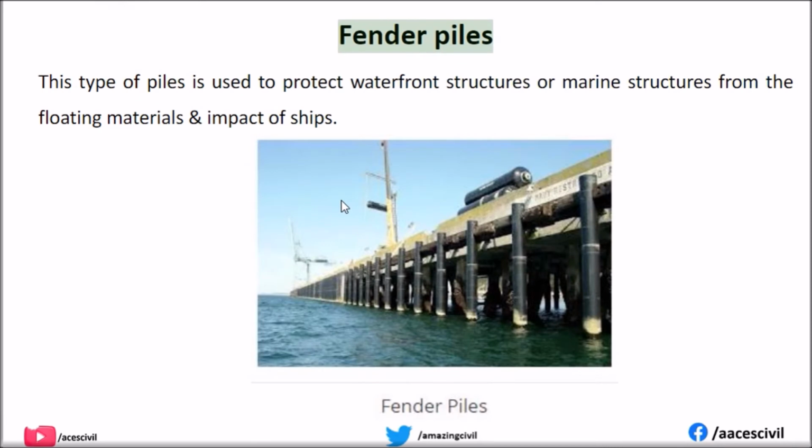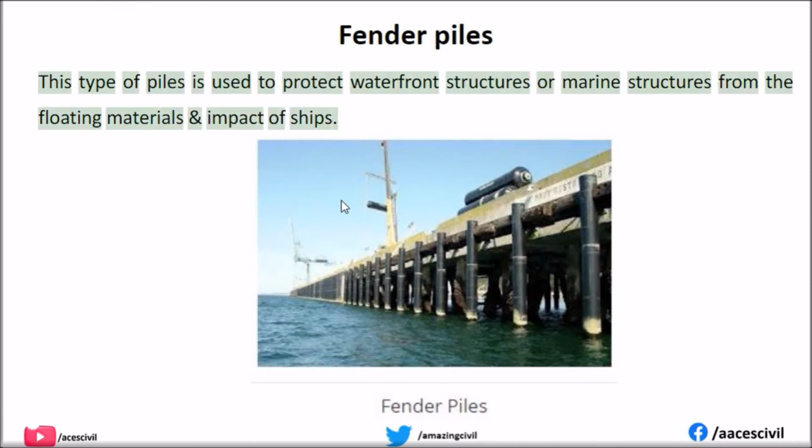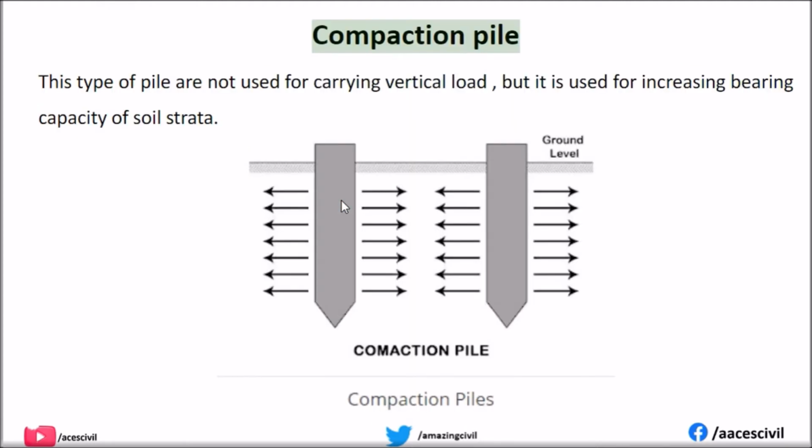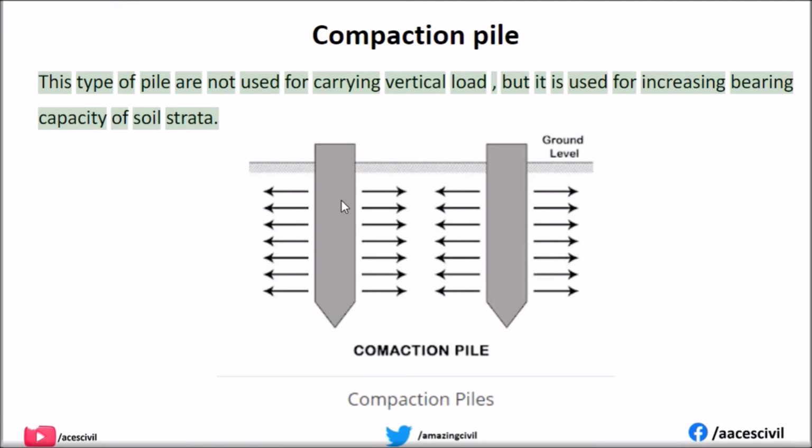Fender piles. This type of pile is used to protect waterfront structures or marine structures from the floating materials and impact of ships. Compaction pile. This type of pile is not used for carrying vertical load, but it is used for increasing bearing capacity of soil strata.